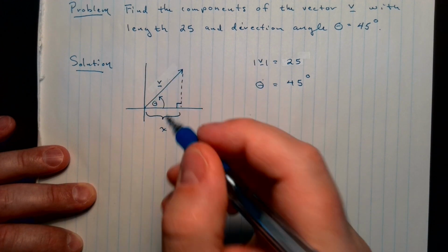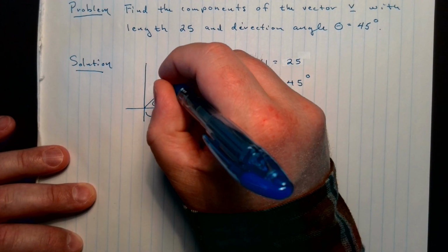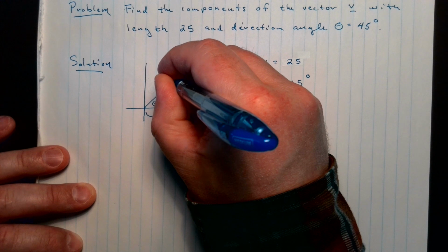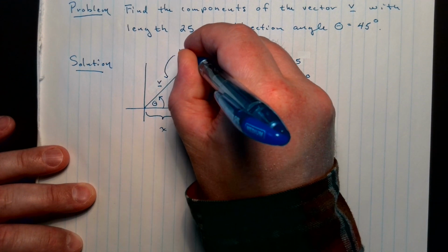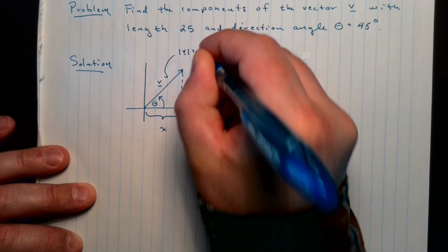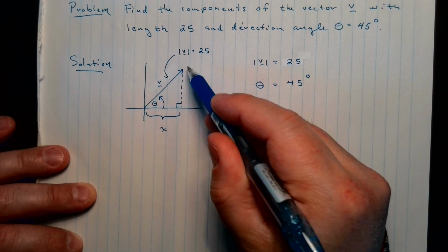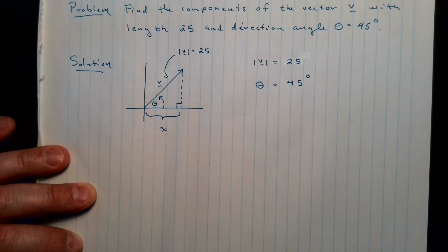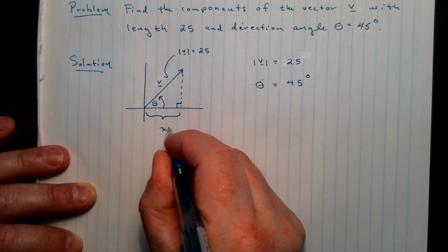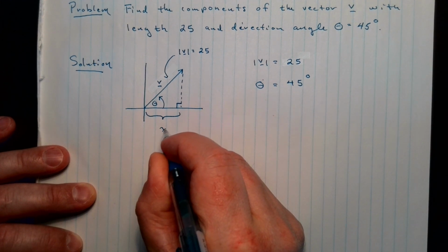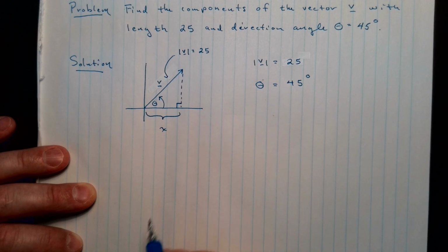I know that the length of my vector here is 25. So that means the length of this hypotenuse of this right triangle is 25. So if I want to find the component along the x-axis, the horizontal component of this vector, I just need to set up a trig ratio.